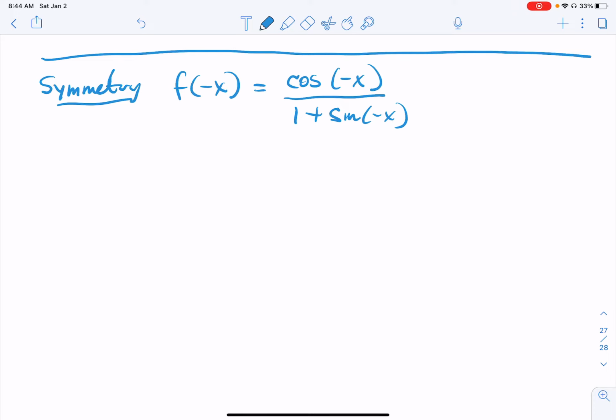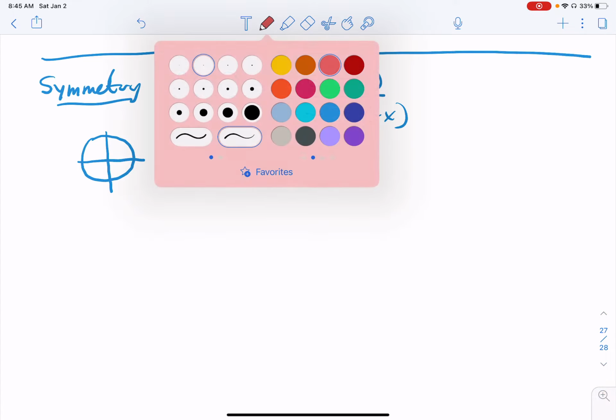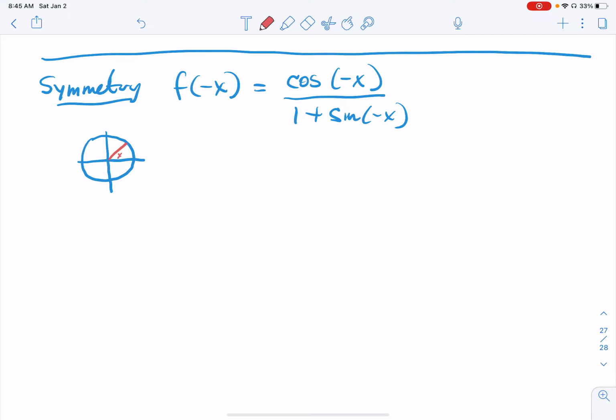Is it going to be a positive number or a negative number? Well, you can use the unit circle for this or the graphs for each one of these. It doesn't matter, and you should be able to get whether it's even or odd. So let's say, for example, I chose this angle here for my x, and here is my negative x, because negative just means it goes down. For cosine, that's the x value, and this is the x value.